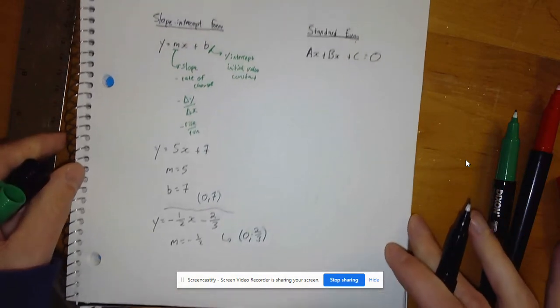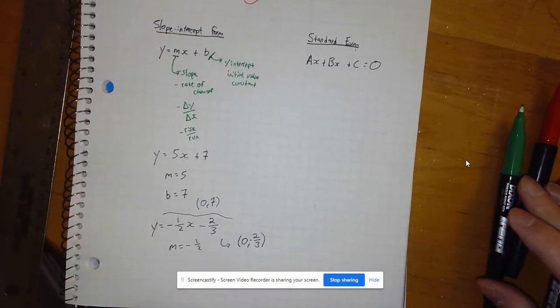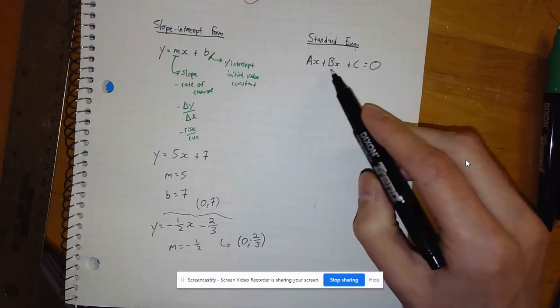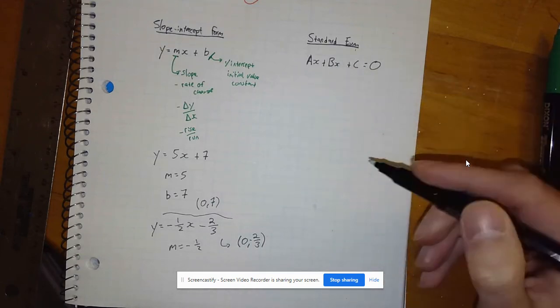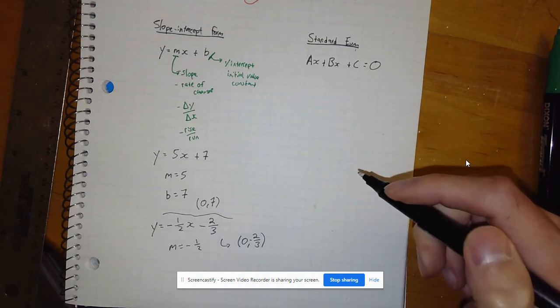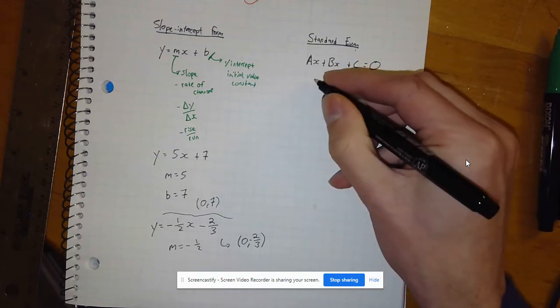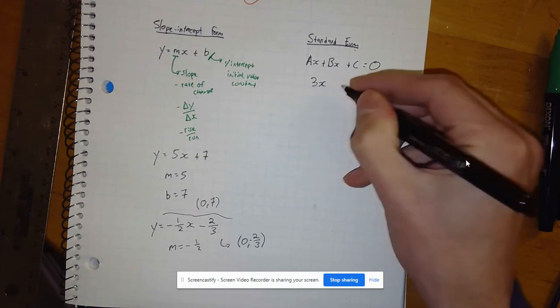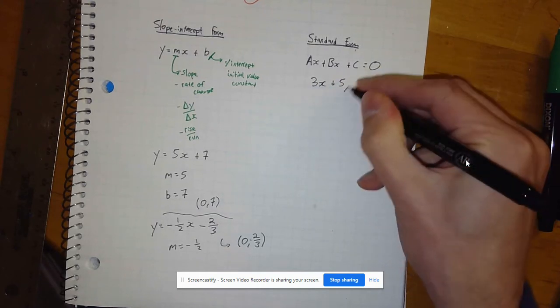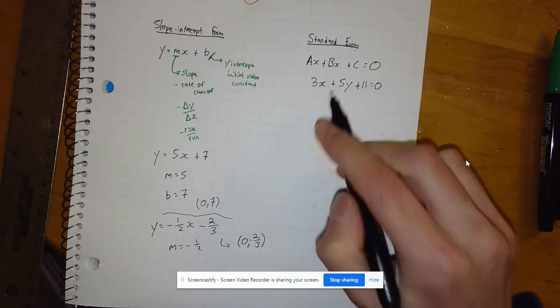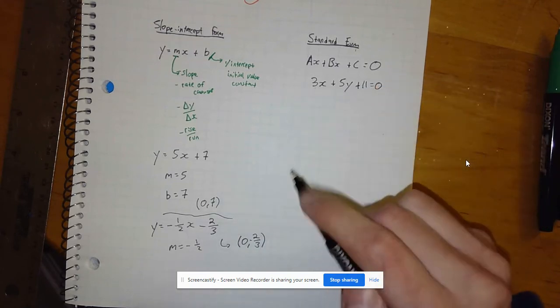The other form, which is a little bit less useful, is the standard form of a linear relation, which is ax plus by plus c equals 0. And a, b, and c are all integers. So they could be positive or negative, but they won't be fractions or decimals. So for example, 3x plus 5y plus 11 equals 0. So here a is 3, b is 5, and c is 11.